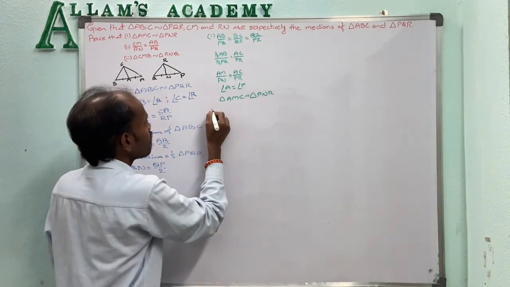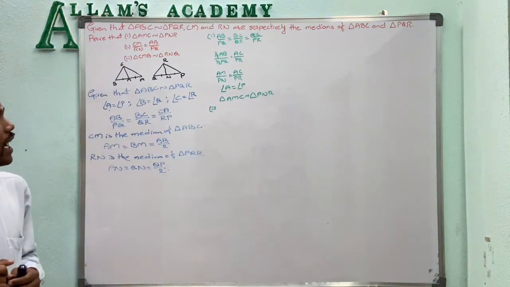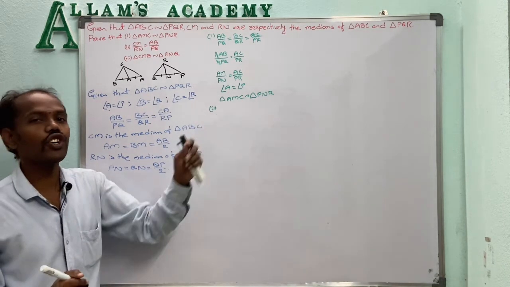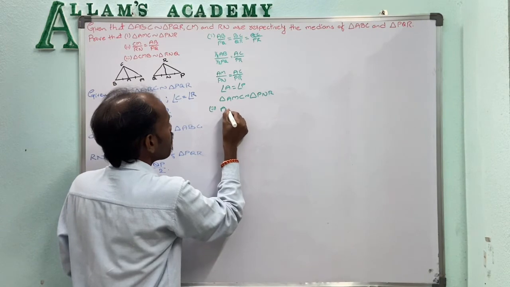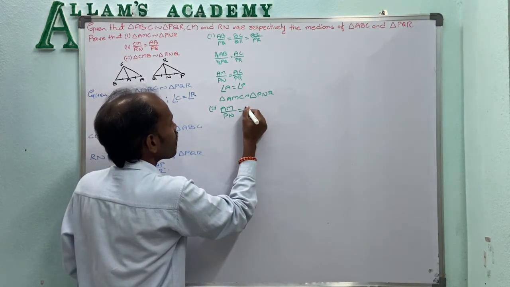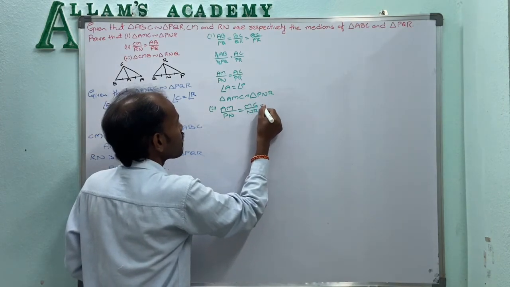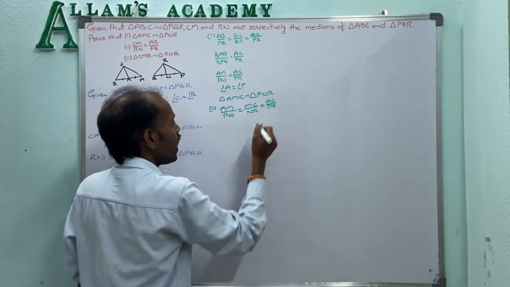Now, these two are similar triangles, so their corresponding sides' ratio is equal. So AM by PN equals MC by NR equals AC by PR.